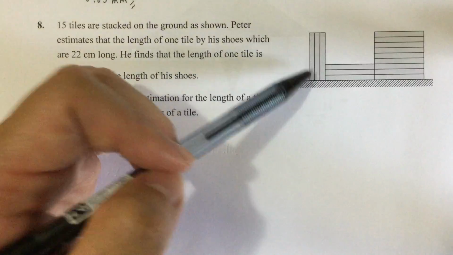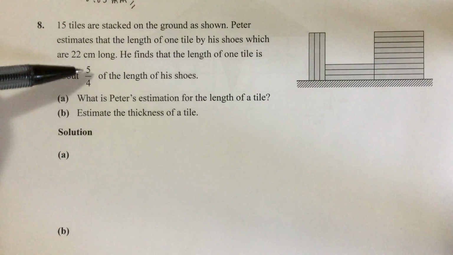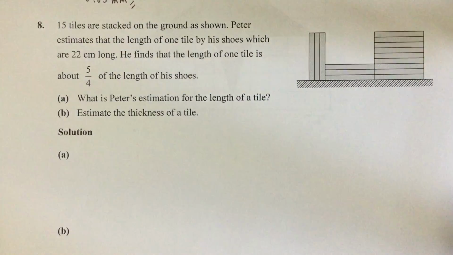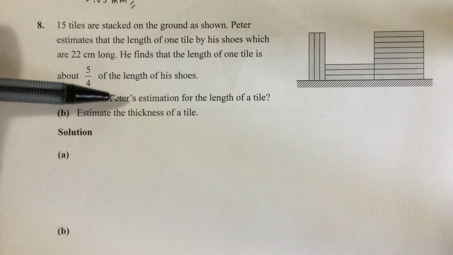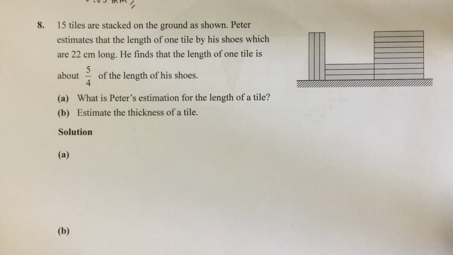He finds that the length of one towel is about 5/4 of the length of the shoe. What is Peter's estimation for the length of a towel? And B, estimate the thickness of a towel.